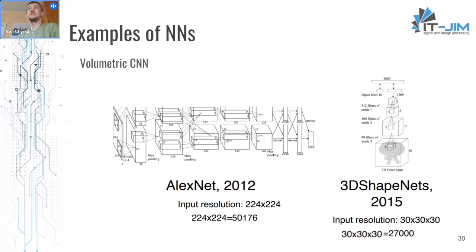The architecture is pretty similar, a few convolutional layers one after another, and to make the data smaller, a stride of two was used.